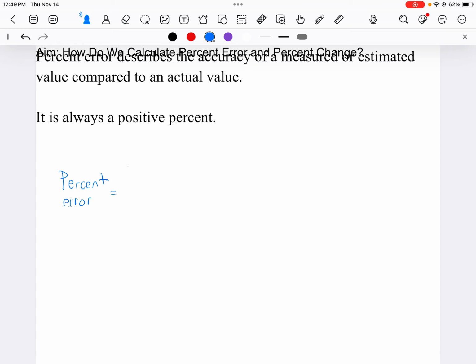Since it's always positive, we're going to do the absolute value of the actual minus your estimated, divided by the actual, since we're finding the accuracy compared to the actual value. And since it's a percent, we're going to multiply that by 100.